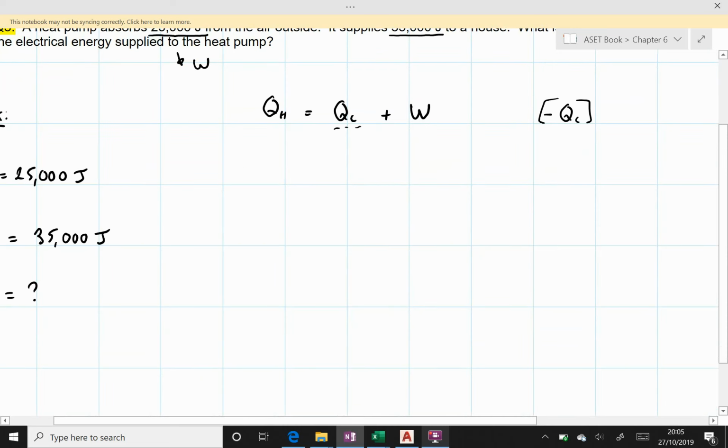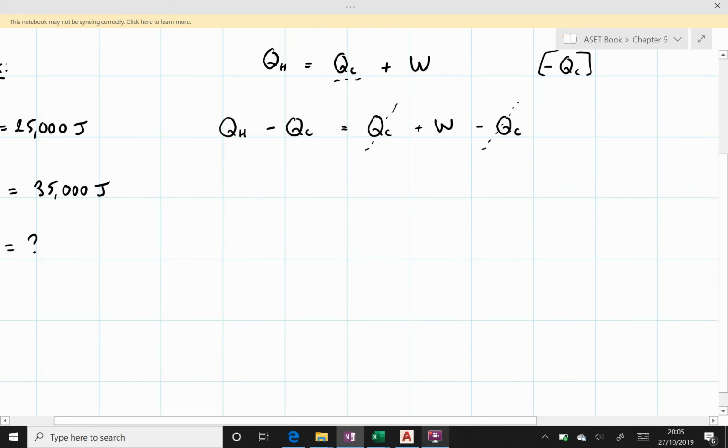And so that becomes on the left hand side QH minus QC, and the right hand side becomes QC plus W minus QC. Now of course QC minus QC is really the same as one number, take away the same number, which will give you 0, and so in effect they will cancel out.